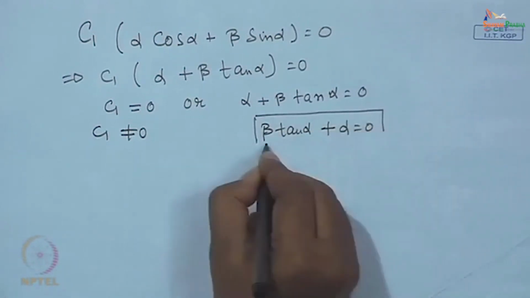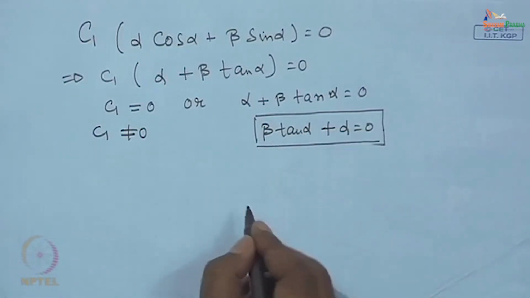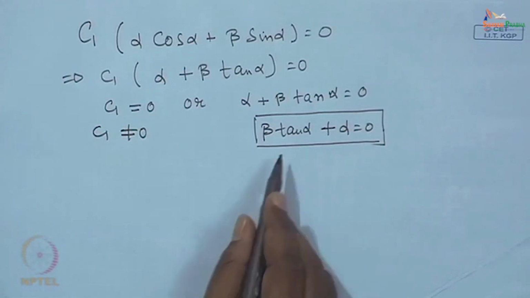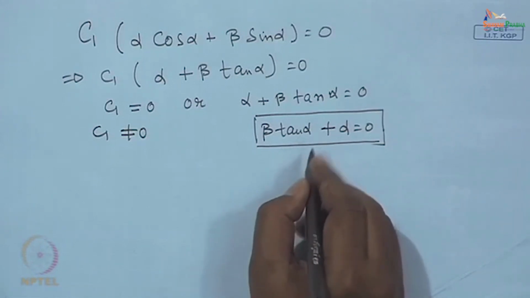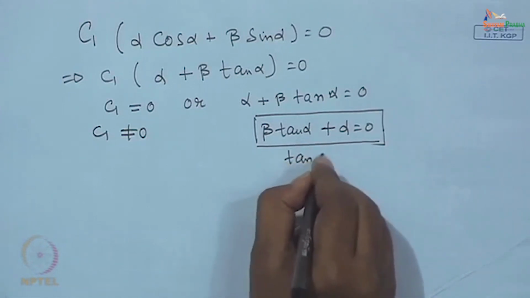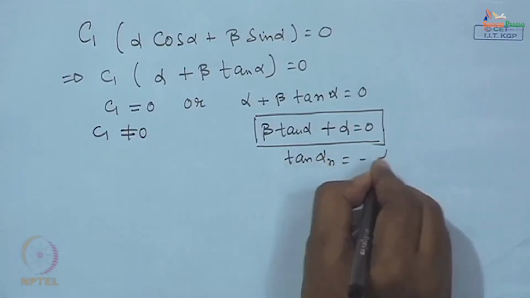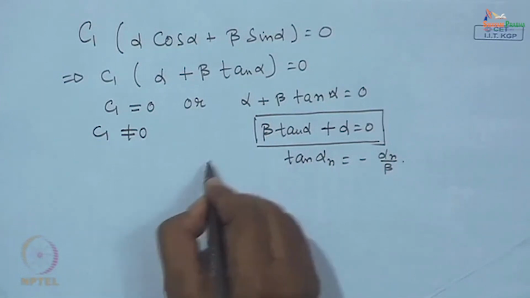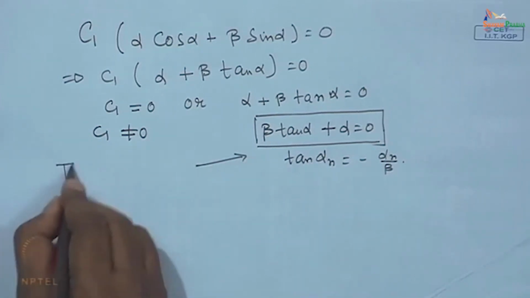Now again this is a transcendental equation. There are n number of roots of tan alpha is equal to minus alpha by beta. So this is known as a transcendental equation.